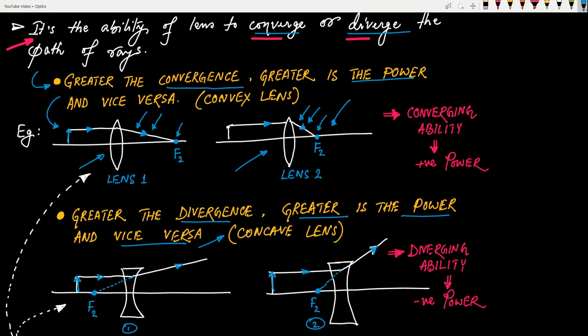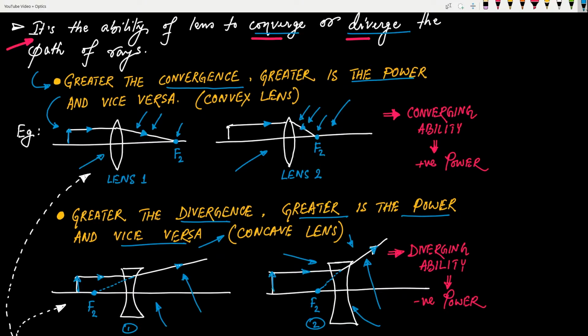But if you look carefully, you'll see that the level of divergence is different for both. For this lens, the level of divergence is lesser than the divergence here. Here the divergence is a bit more than the first case. Therefore, since the divergence is more in the second case, we say that the power of this concave lens is more than the power of the concave lens in the first case.